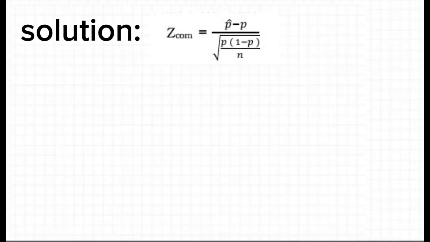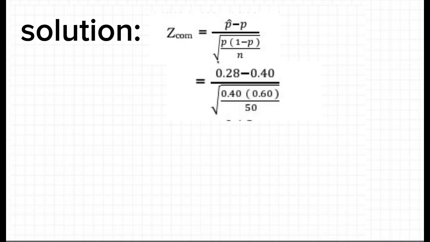The formula of Z-com is p hat minus P over square root of P times 1 minus P over N. So we are just going to substitute all of the variables that are given. Now our formula is 0.28 minus 0.40 over square root of 0.40 times 0.60 over 50.